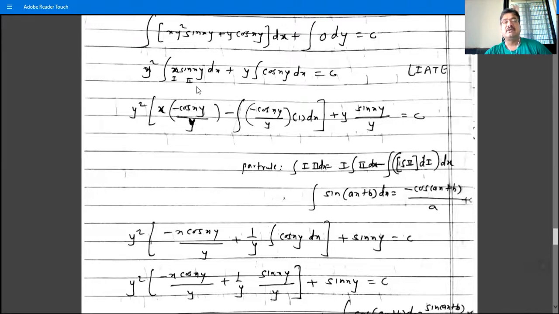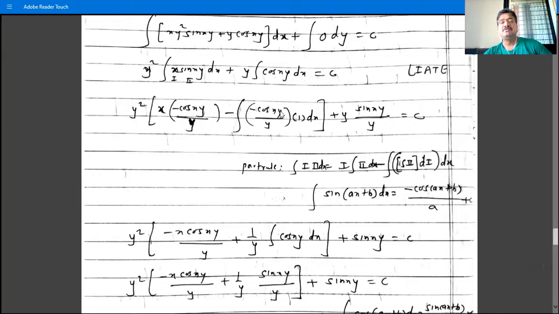First times integration of second, minus the integration sign, and write the integration of second again: minus cos(xy) divided by y, into derivative of first. D first means what? Derivative of first.